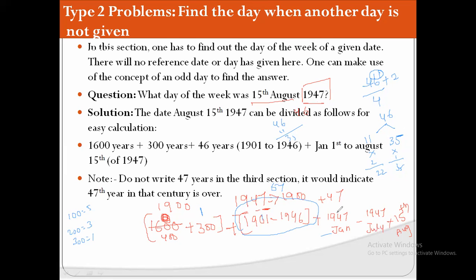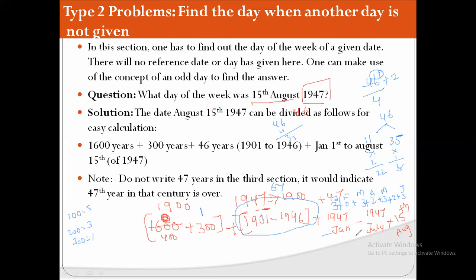So January 3 odd days, February 0, plus March 3, plus April 2, plus May 3, plus June 2, July 3. So 3, 6, 8, 11, 13, 16.